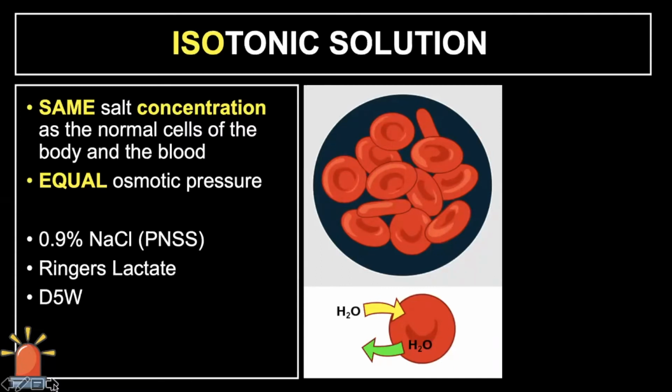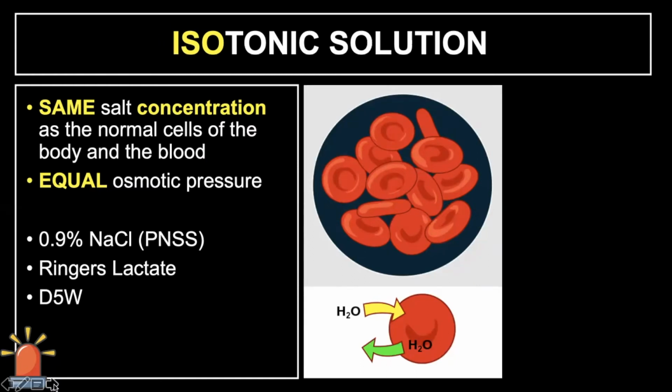So in an isotonic solution, the concentration of solutes that cannot cross the plasma membrane are the same on both sides of the membrane. For example, 0.9% NaCl yung ginamit natin or the PNSS. Kaya siya tinawag na normal physiologic saline solution kasi isotonic siya.